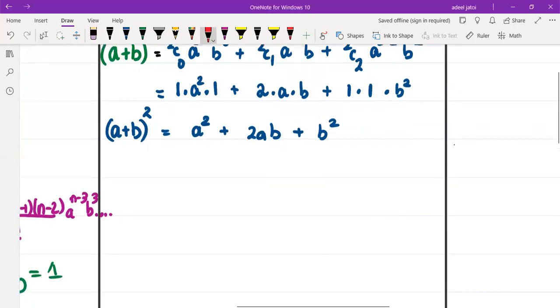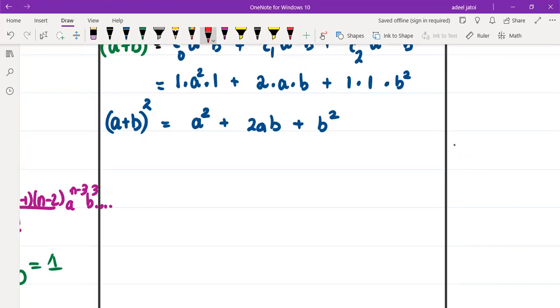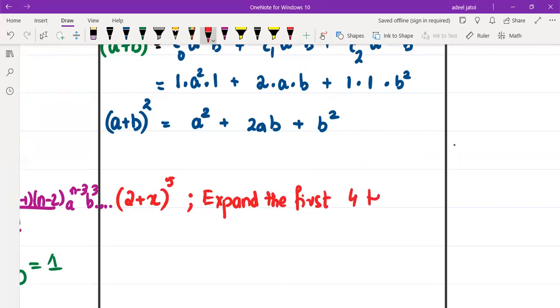Moving on, let's do an example. If I say (2 plus x) to the power 5, and the question says expand the first 4 terms.